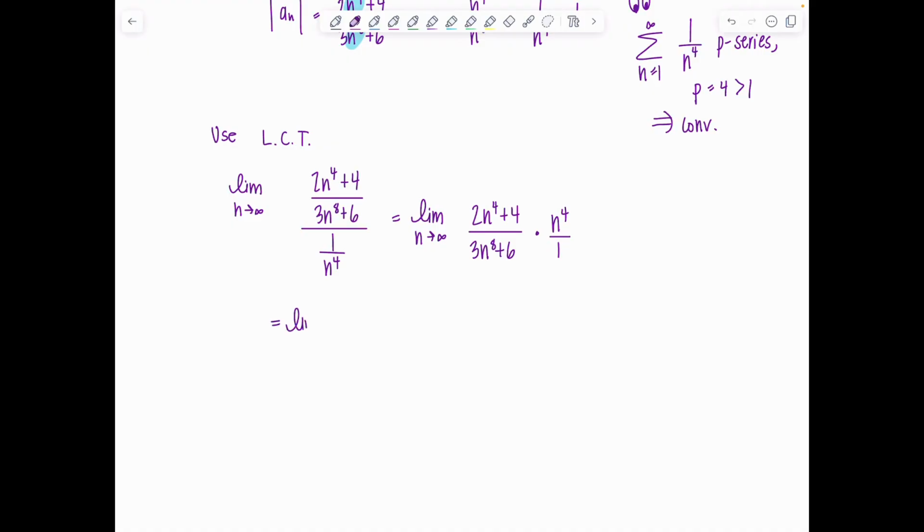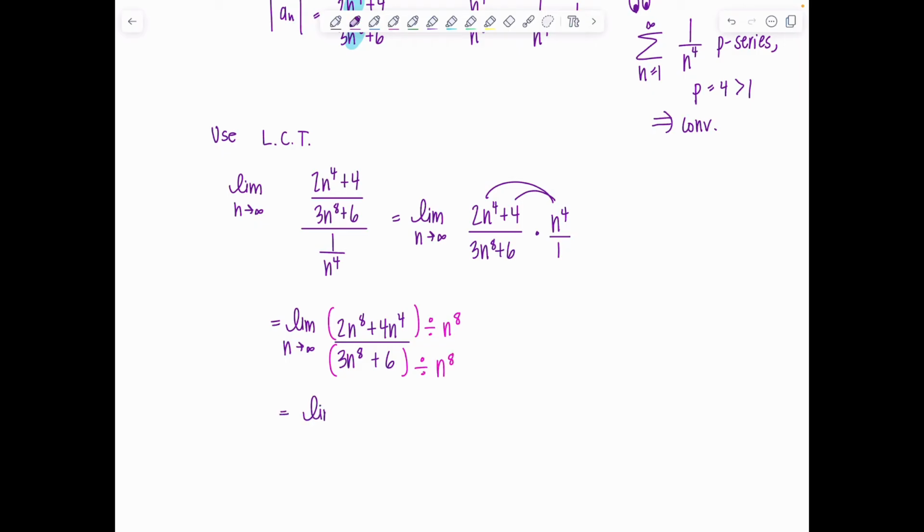Let's keep cleaning up. Limit as n goes to infinity. This will distribute. So (2n^8 + 4n^4)/(3n^8 + 6). To evaluate this limit, I want to divide by highest power of n from the bottom, always from the bottom. So divide by n to the 8th.